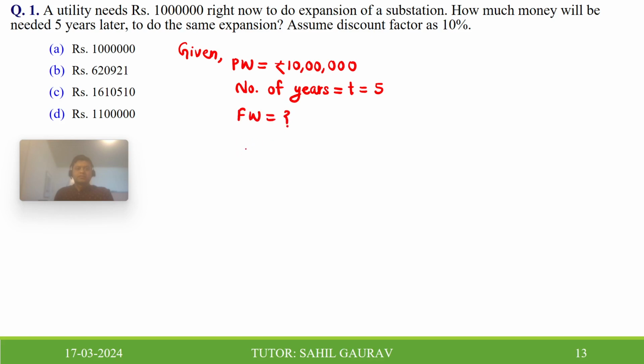The discount rate is given as 10%, so take it as 0.1.